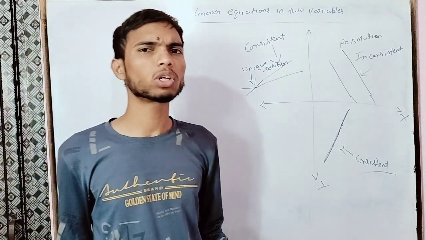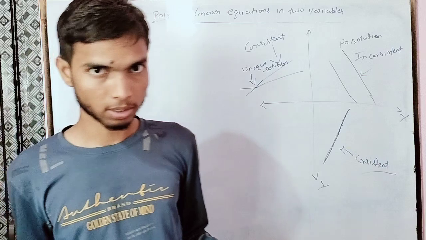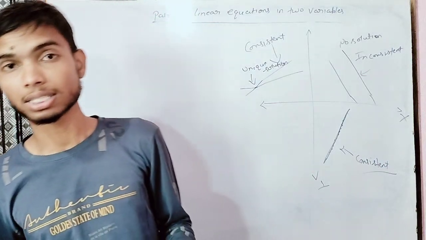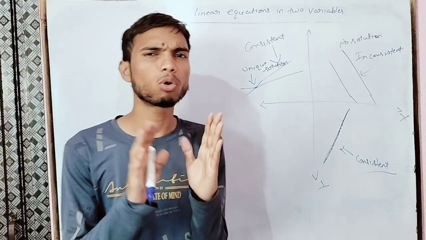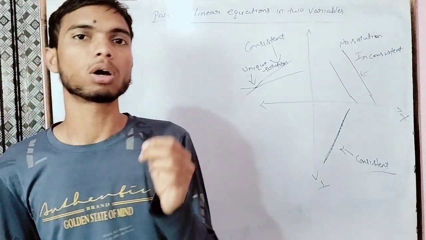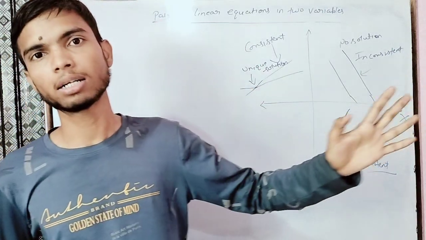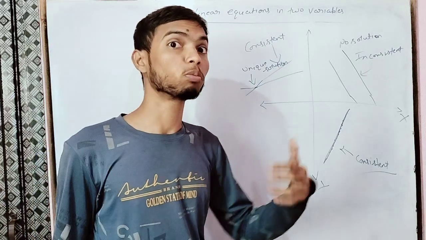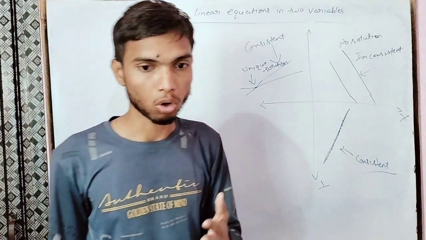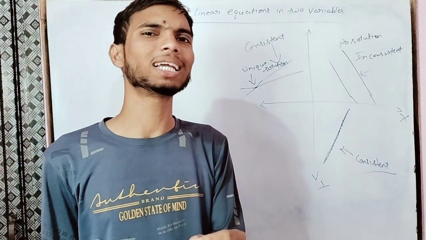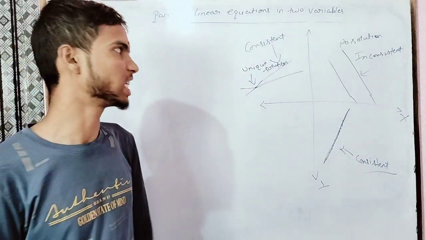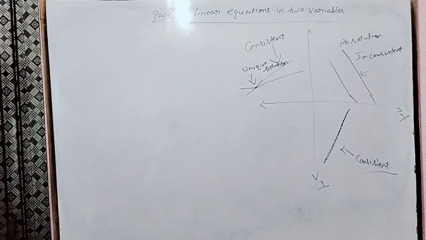As we know, parallel lines do not intersect each other. So of course there will not be any point from parallel lines. That's why parallel lines will not give any solution.